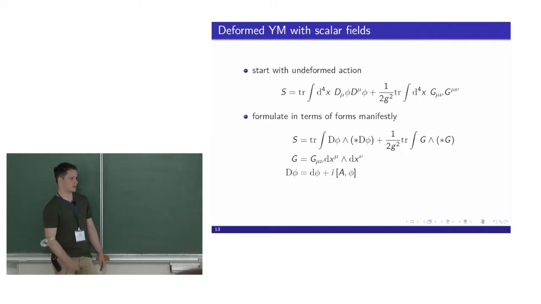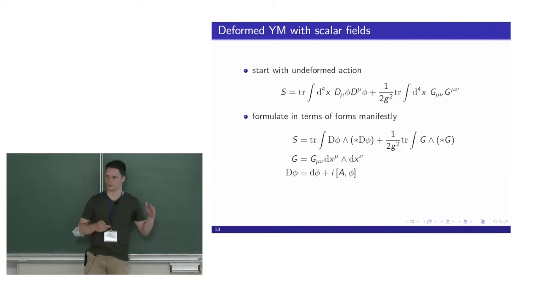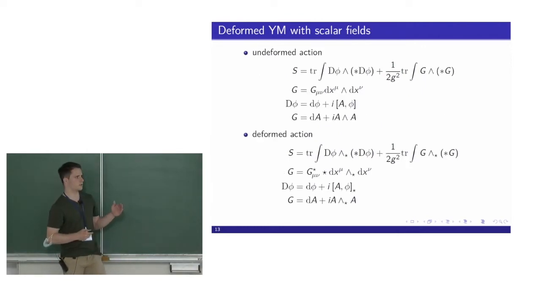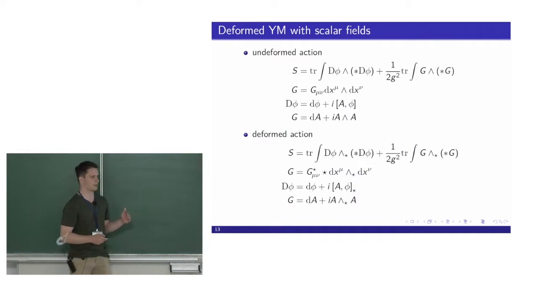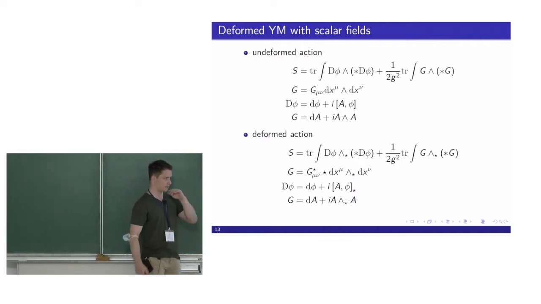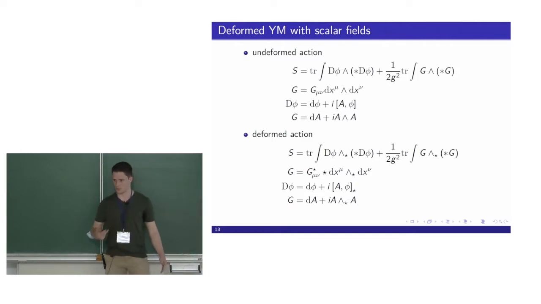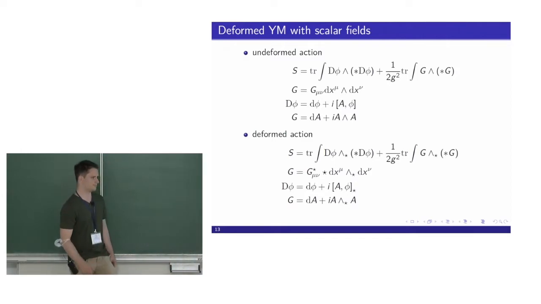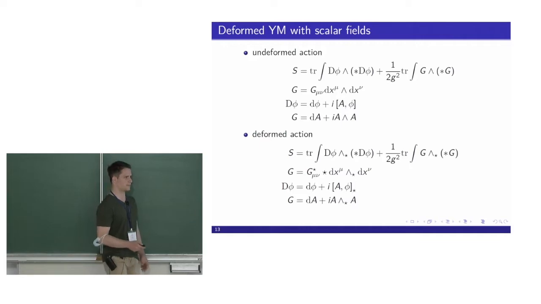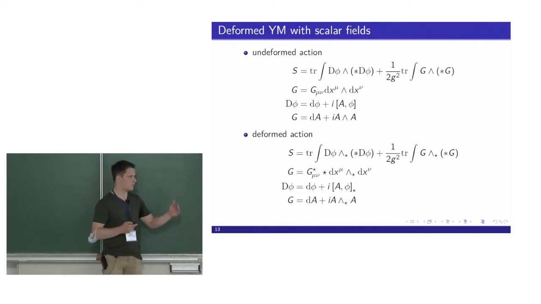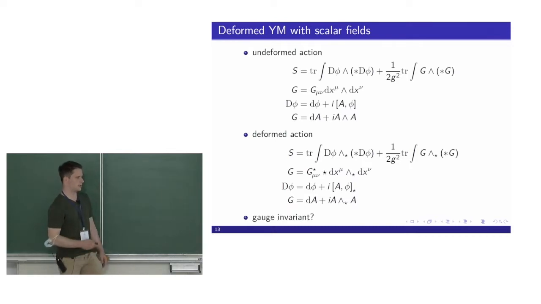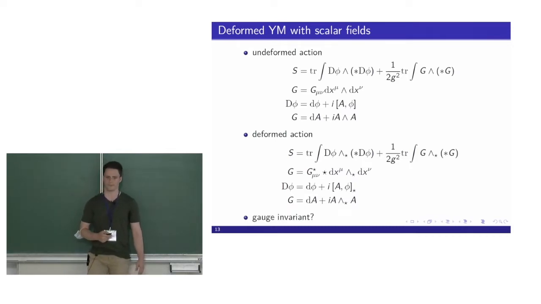Okay, so since this is now written in terms of the fundamental objects, we can just deform this by replacing every product by star products and using the appropriate definitions of the Hodge duals in these twisted deformed spaces. And this is what we get. Okay, that looks pretty nice, but the question is still, is this really gauge invariant?